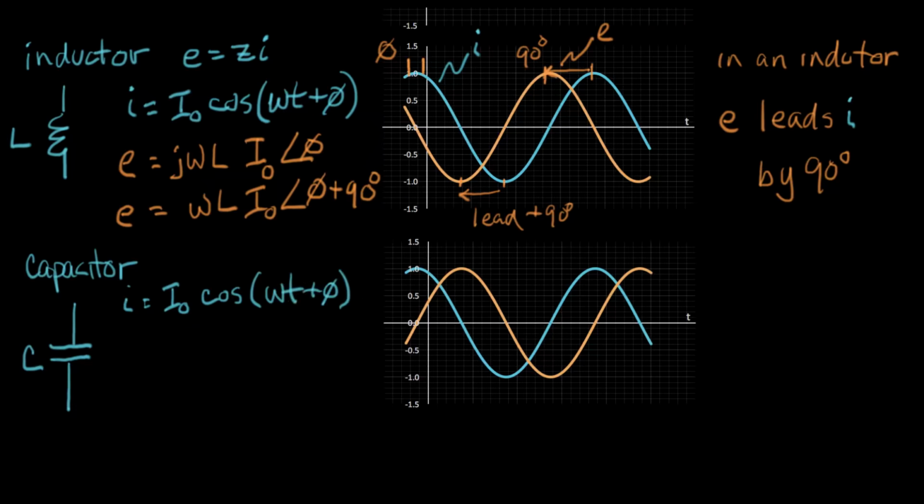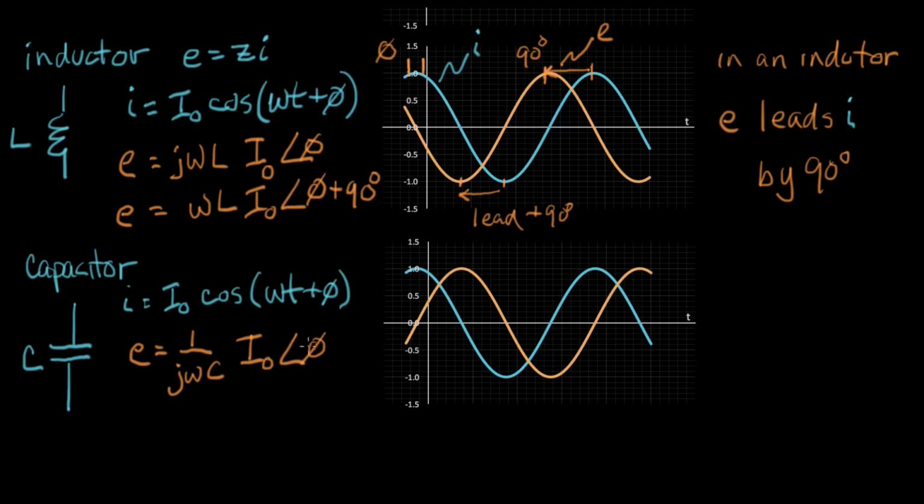And now let's work out the voltage across the capacitor. So the voltage across the capacitor, E, is the same thing we have here. E equals Zi, or I can write E in the capacitor equals Z. Now what is the impedance of a capacitor? It's 1 over j omega C. That's Z. And I, we represent the same way as we did before: I naught at an angle of phi.